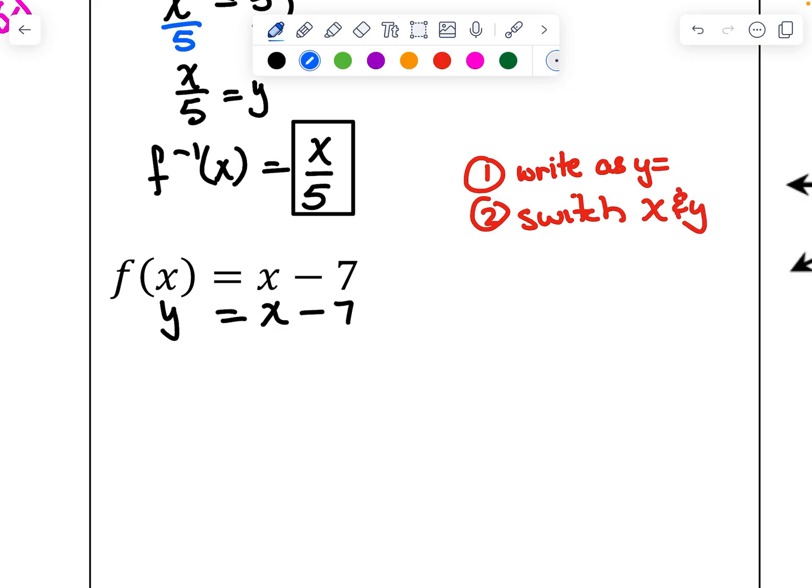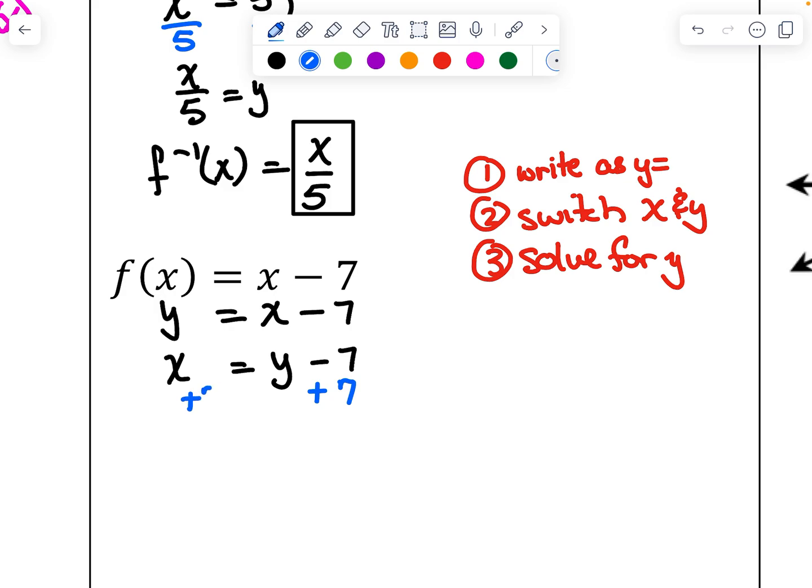So step 2 is to take this y and write it as an x, and take this x and write it as a y. Step 3 then is to solve for y. So if I want to get y alone, I am going to add 7 to both sides. And that would give me x plus 7 equals y.